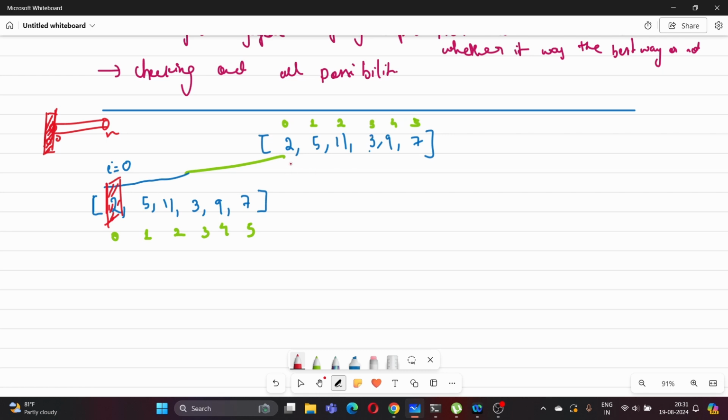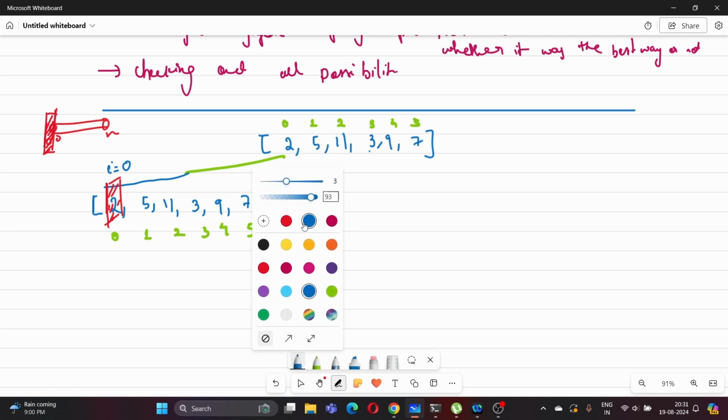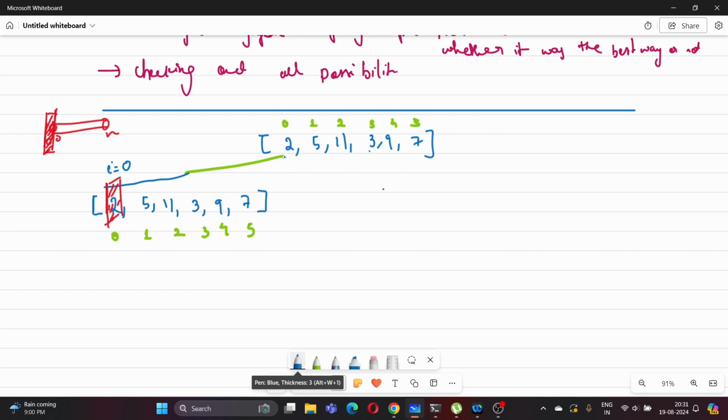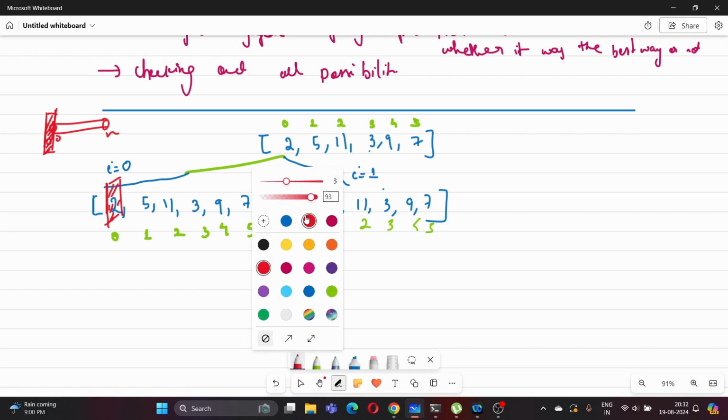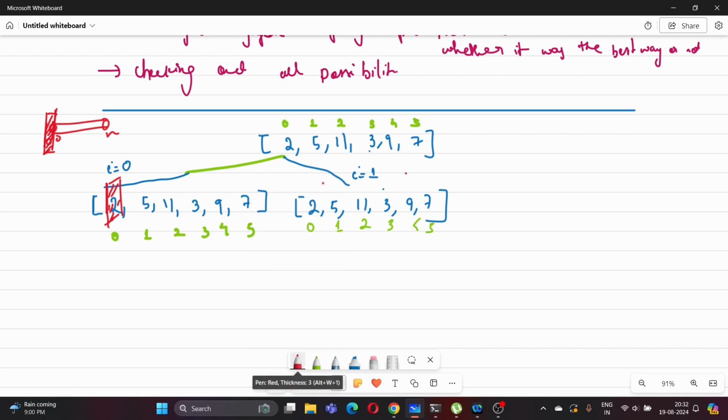Makes sense? Now let's say I do it at i equal to 1. Now 2, 5, 11, 3, 9, 7 are there, and the indexing is 0, 1, 2, 3, 4, 5. If I put a wall or cut it at 1, I put the cut here, on the partition.